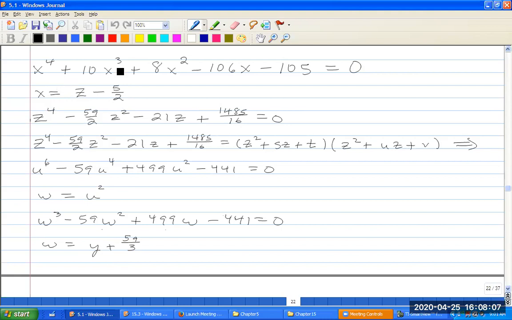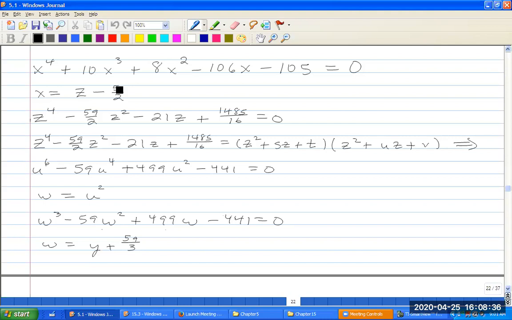So the first thing to do is to get rid of the cubic term. So you would just do x equaling z minus a divided by 4 times 1. So 10 divided by 4 is, well, 5/2. So let x equal z minus 5/2.